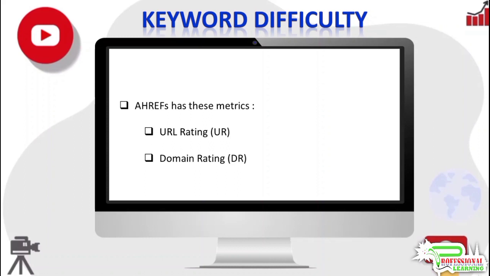Similarly, Ahrefs has URL rating and domain rating, and Majestic has trust flow and citation flow. Trust flow and citation flow are more commonly called flow metrics and are not exactly the same as Moz's PA and DA or Ahrefs' UR and DR. We look at this in the next video.